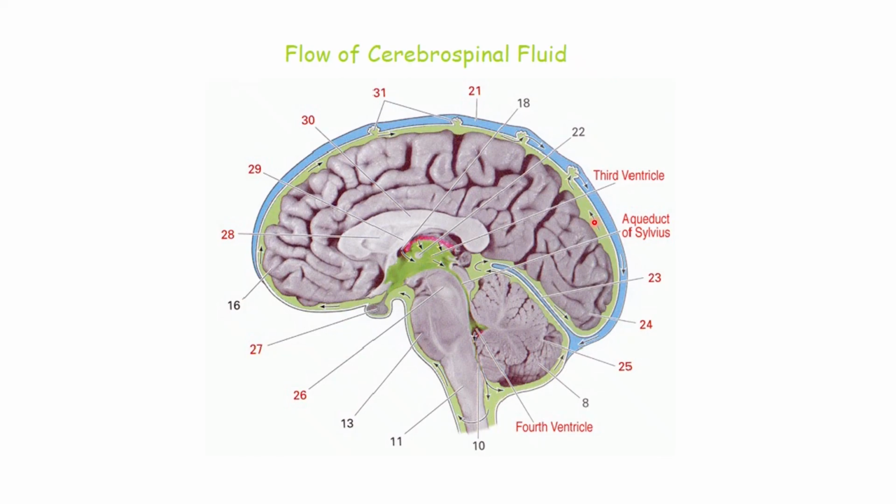It is present between the arachnoid and the pia mater, the last 2 layers that are covering the brain. The functions of the cerebrospinal fluid include providing protection against impact by acting as a cushion, and it also has protective roles. So it plays a role in the immune response, and it also regulates the blood flow in the brain.